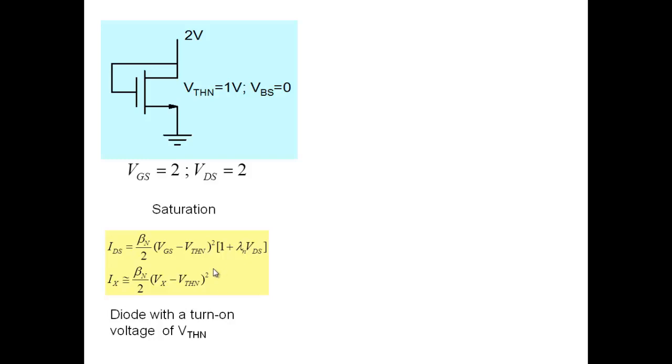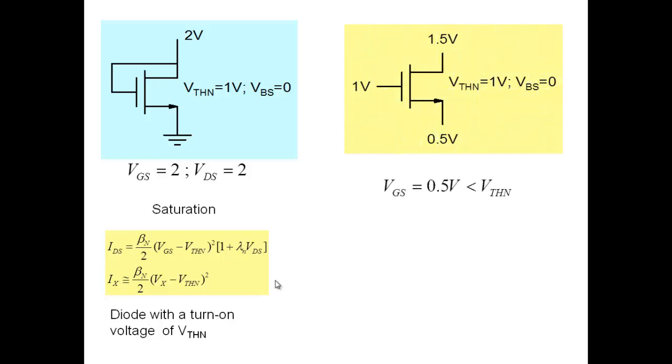Because this was exponential. In this case, it's not exponential, it's square. So as you increase the current, the voltage will vary. So it's not a very good diode, but it can act as a rectifier, and at many places people do use it in place of a diode. At various points, if you want diode-like or rectification-like behavior, you can use that here.